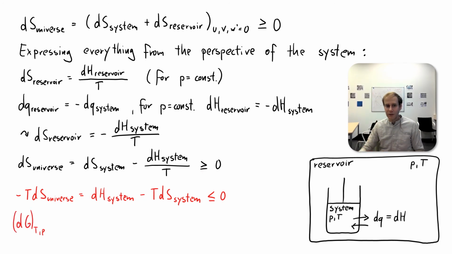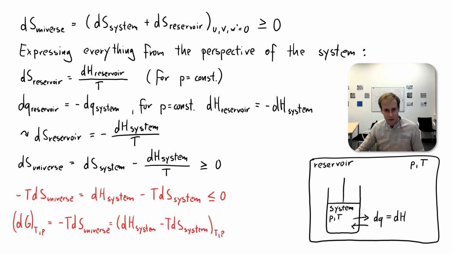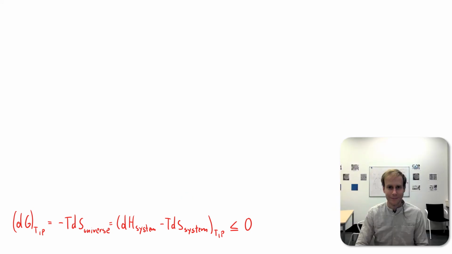So this minus TdS universe we say is the change of the Gibbs free energy at constant temperature and pressure. Minus TdS universe means dH system minus TdS system at constant temperature and pressure. And for a spontaneous process, it must be smaller than 0.